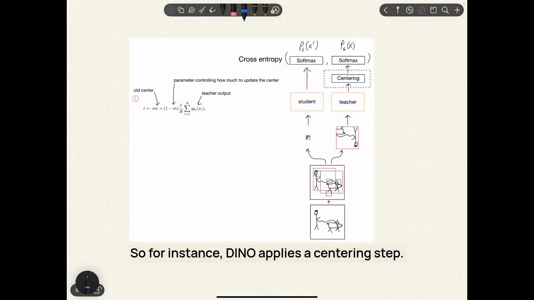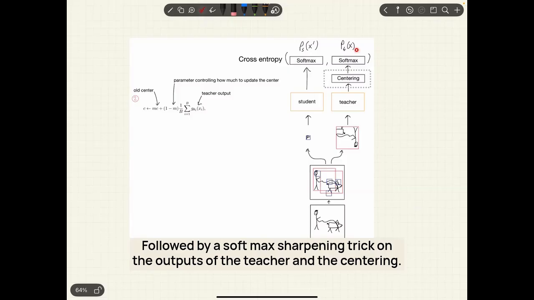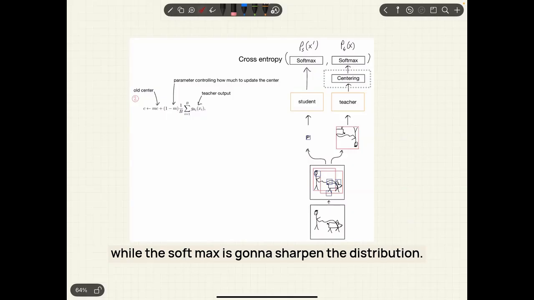For instance, DINO applies a centering step followed by a softmax sharpening trick on the outputs of the teacher. The centering is going to flatten out the distribution, while the softmax is going to sharpen the distribution.